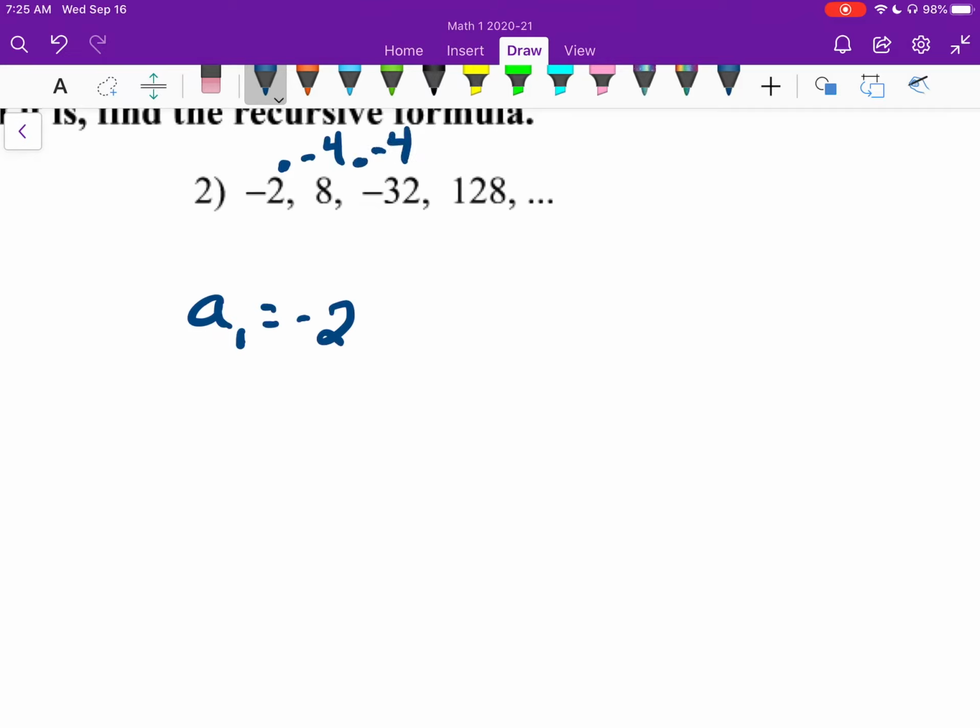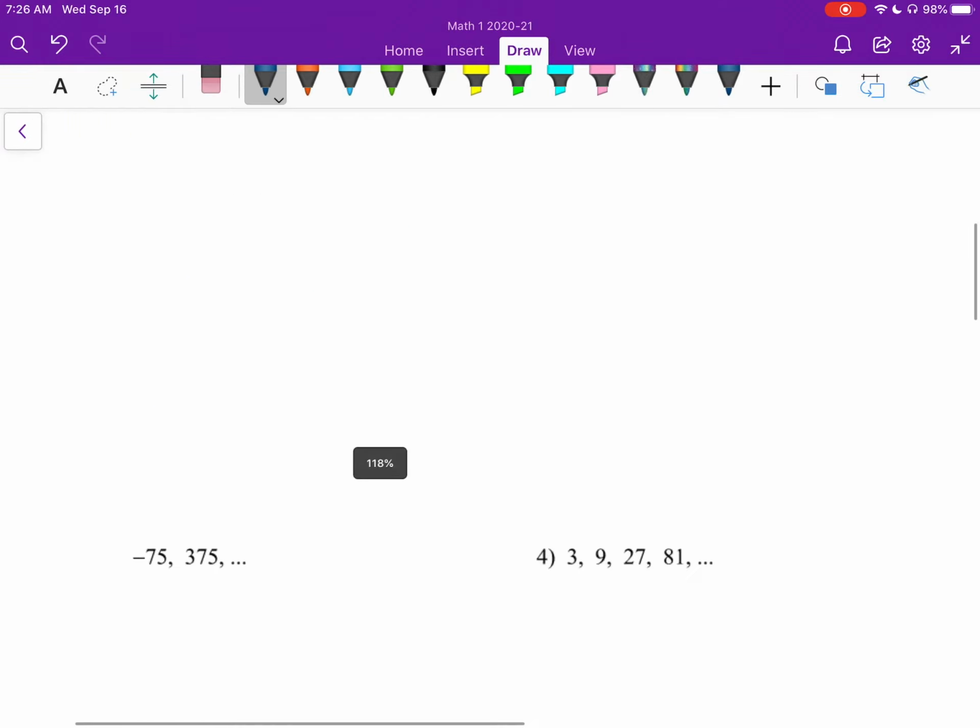Negative 32 to 128, another negative 4. So our common ratio is negative 4. Now I just plug in a sub n equals a sub n minus 1 times negative 4. There we are. That's our answer.